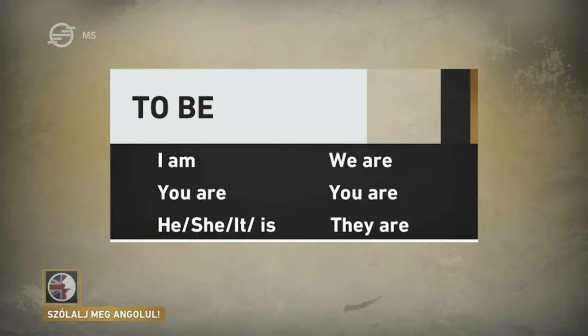Now, what's the first part? Do you recognize it? We've seen it somewhere before. It's part of a verb we know. That's right, it's the verb to be. Do you remember the verb to be? Do you remember the form of the verb to be? Here's a quick reminder.